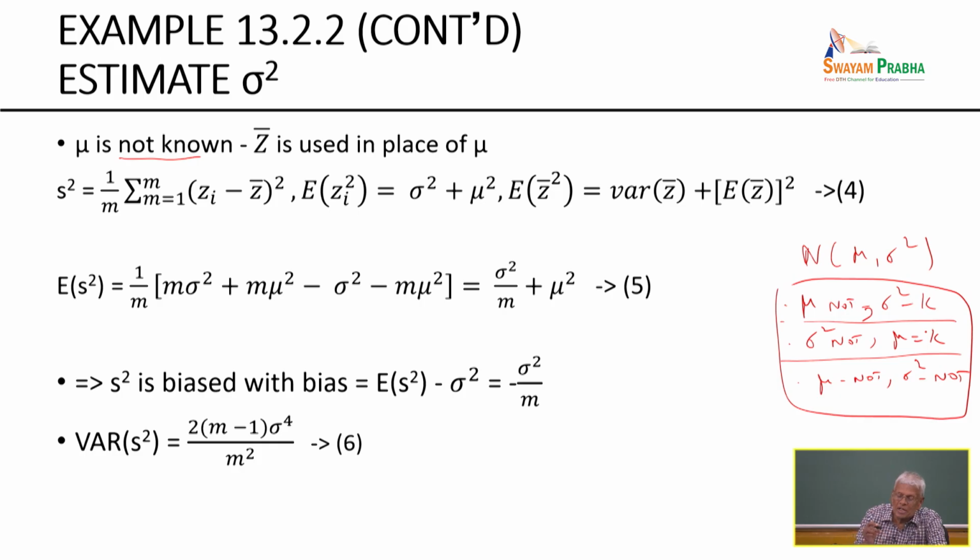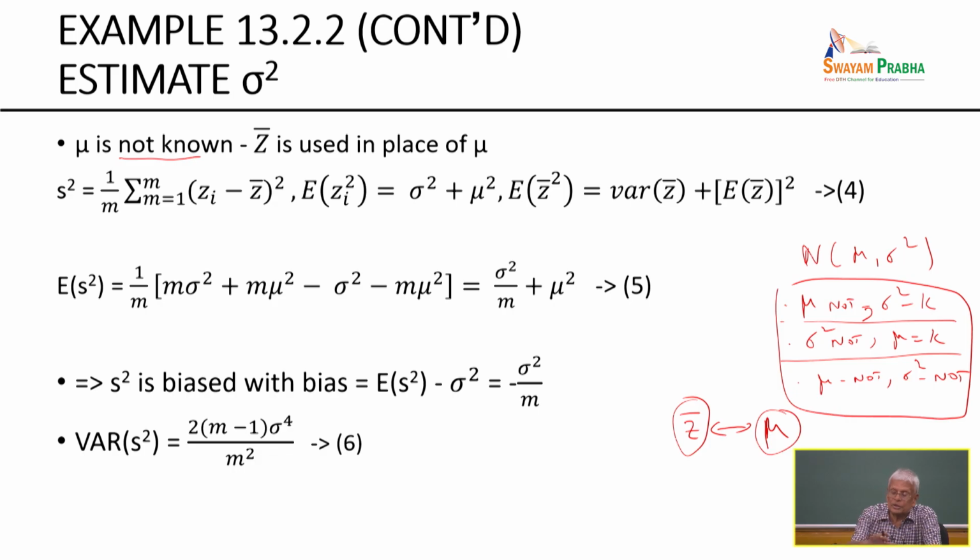So if mu is not known, what am I going to do? Z bar, the mean of the observations, is a surrogate for mu. Please understand, we have already shown in the first case, when mu is not known, that a good estimate of the mean is the sample average. So Z bar is a sample average. If mu is not known, I will use Z bar in place of mu.